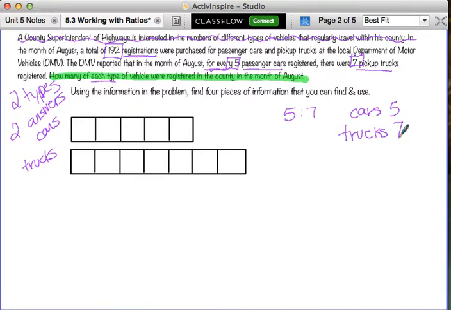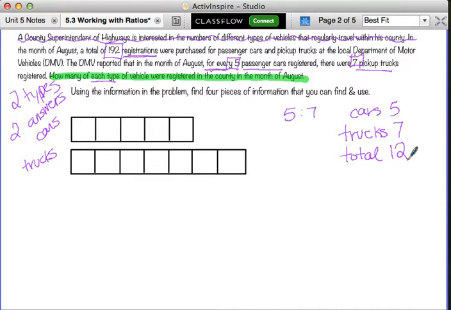If I take these 2 things together and combine them, it's going to give me a total. In this case, the total of vehicles. Now the total is just that, a total. In this case, the label of it is vehicles because that's what we're working with. Your label will always be different based on the problem that you're working with. But a total is a total, so I know that altogether there were 12 registrations.